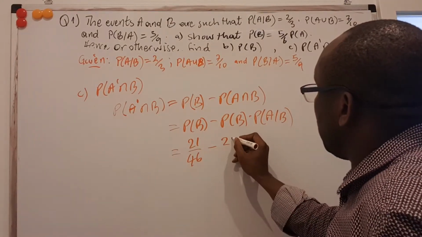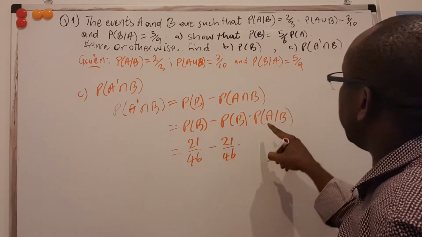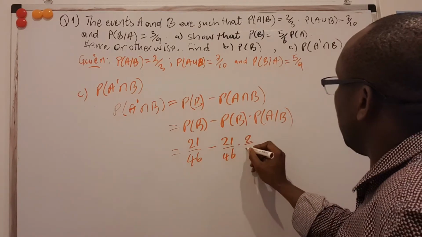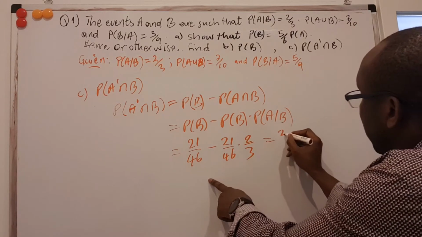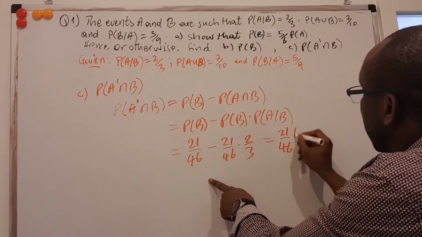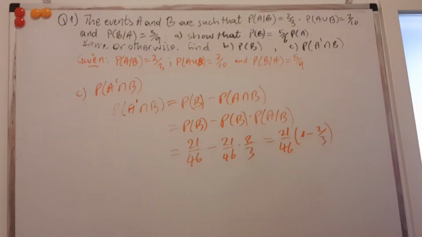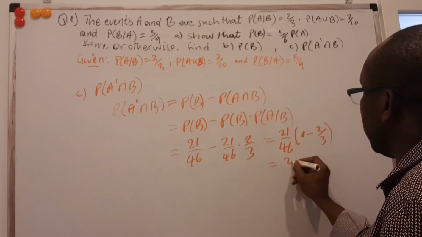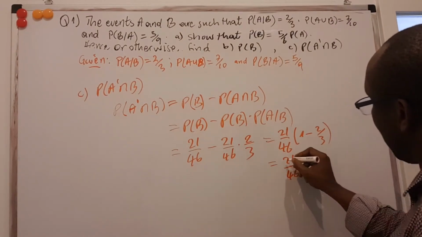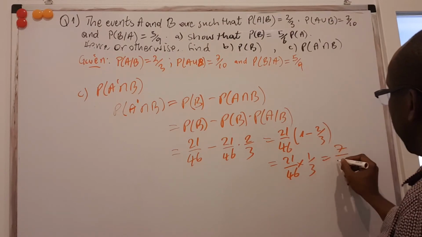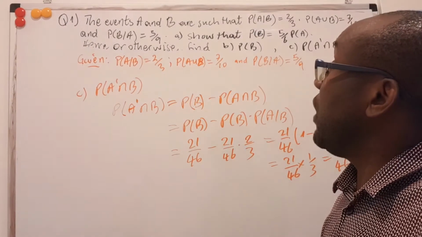So that is 21 on 46 times P of A given B, 2/3. I can factorize 21 on 46, and in the bracket I have 1 minus 2/3. 1 minus 2/3 is 1/3. So this is 21 on 46 times 1/3. 3 here 1, 3 here 7. So this is 7 divided by 46. That was it for the equation.